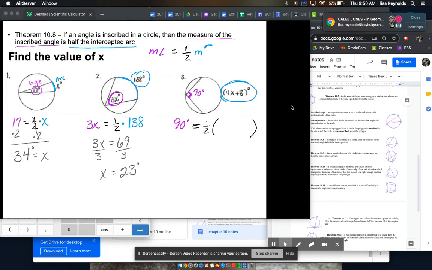Remember that this entire expression goes in parentheses. So we have our 4x plus 8. Now for our solving, we start by distributing. So 90 is equal to 2x plus 4. Subtract 4, and we get 86 is equal to 2x. Divide by 2, and our x is equal to 43 degrees.